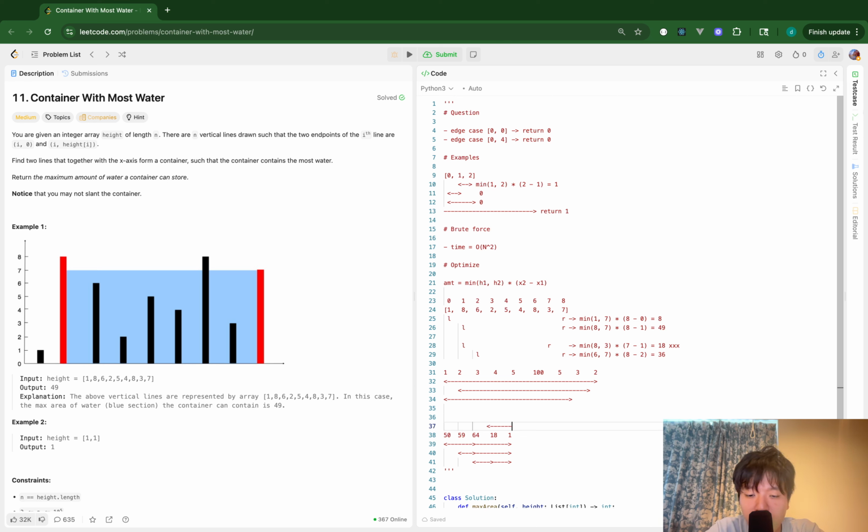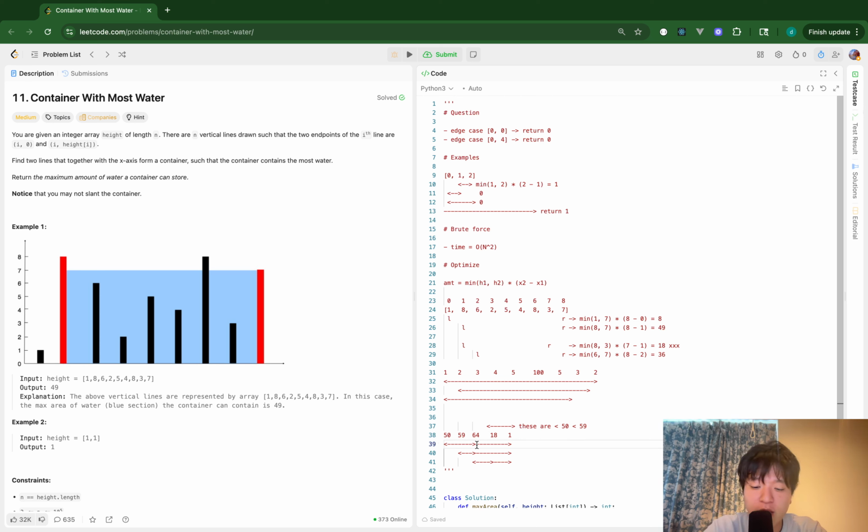these numbers are less than or equal to 50. So I can say this is smaller than 59, which means that this becomes the bottleneck, just like the case in 50.